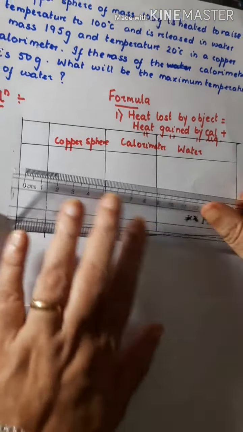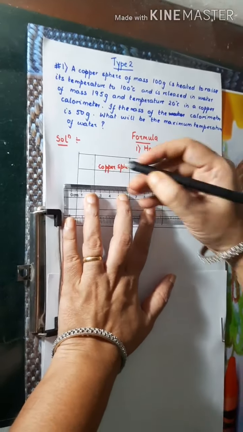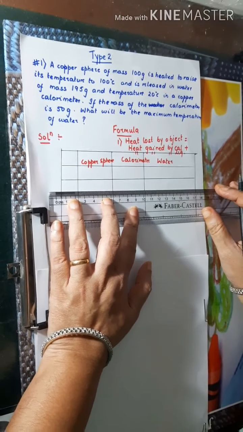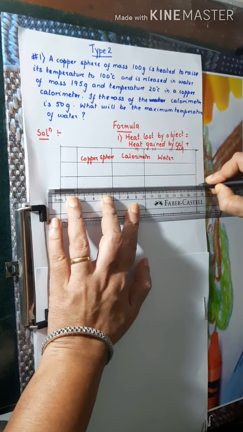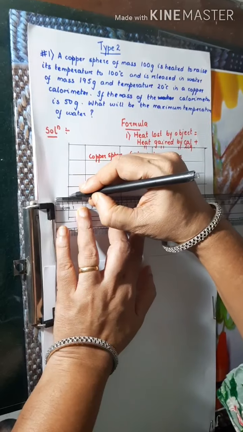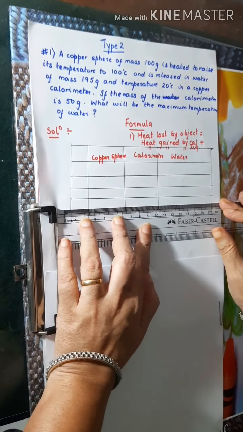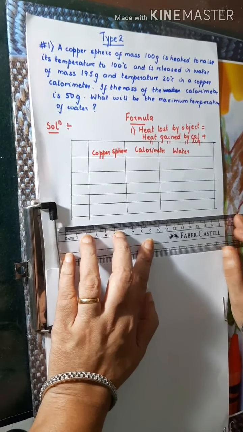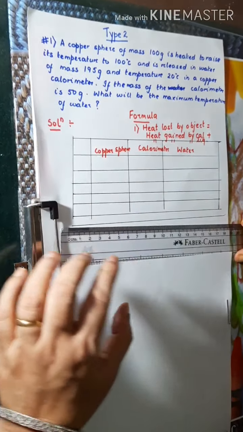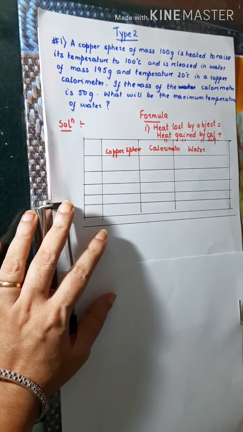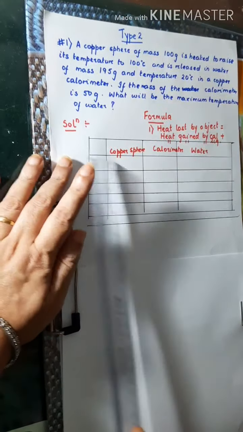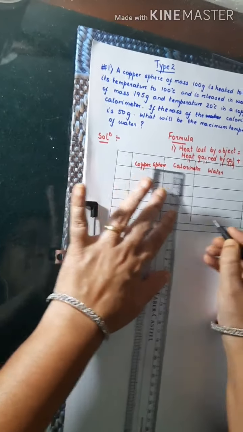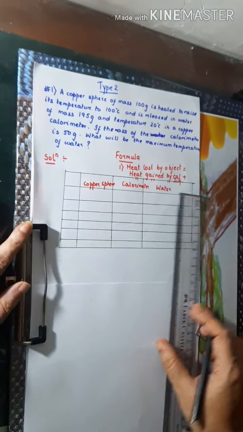Okay, so now we have first the mass, then you have C, then you have T1, you have T2, you have delta T, and in some cases we also require L. What is L? L is the latent heat, either of vaporization or of fusion. Okay, in certain sums we have to use L, right?